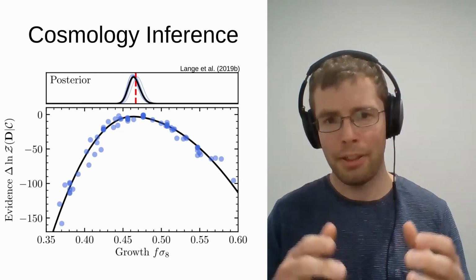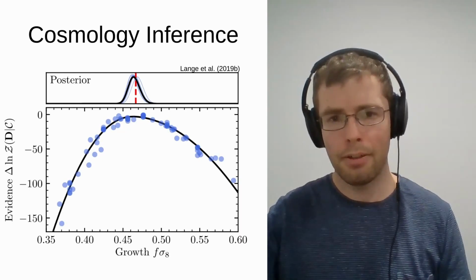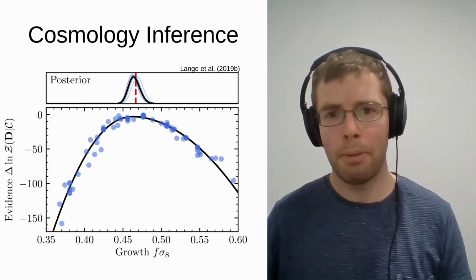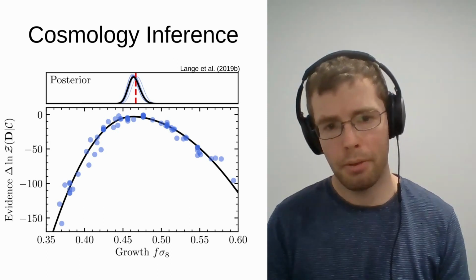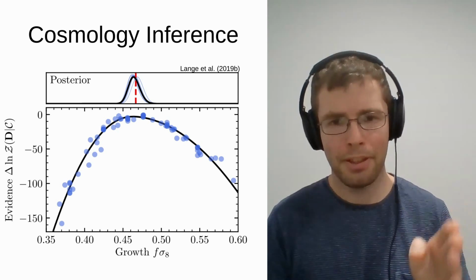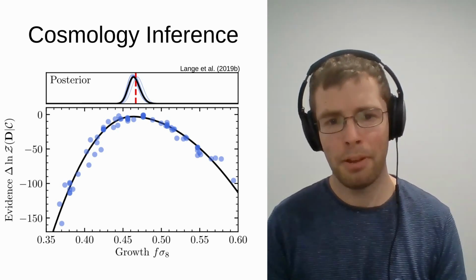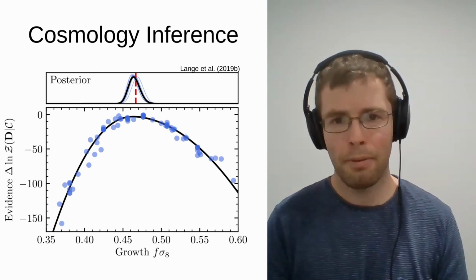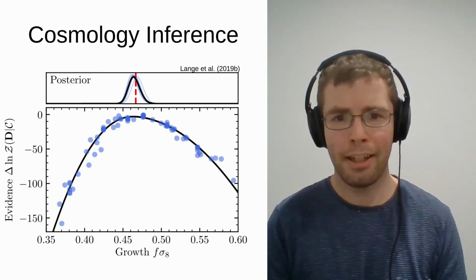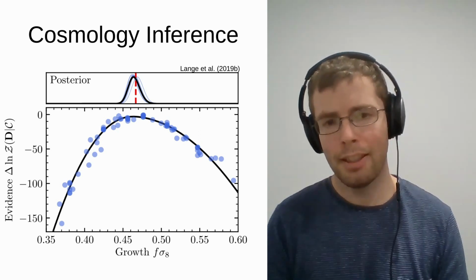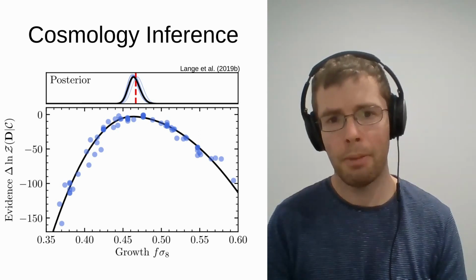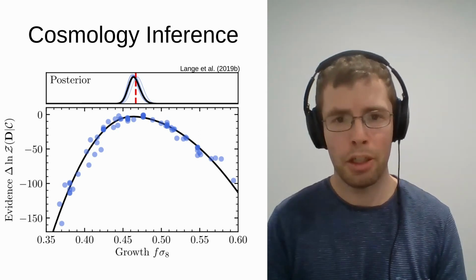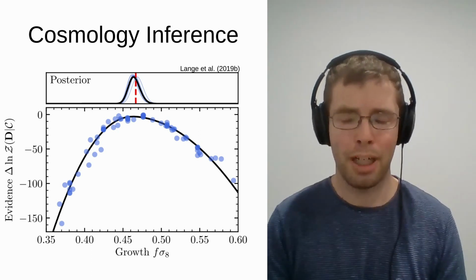In this work, we use a slightly simpler approach that was described in this 2019 paper. So we have these different cosmological simulations with different cosmological parameters. For each of those simulations, we calculate a summary statistic that describes how well this simulation fits the observations after marginalizing over uncertainties in the galaxy connection parameters.